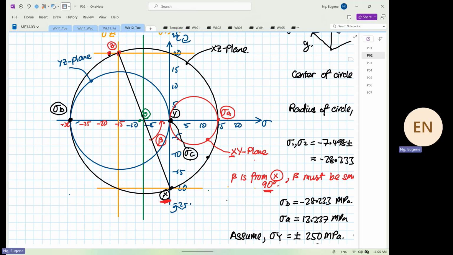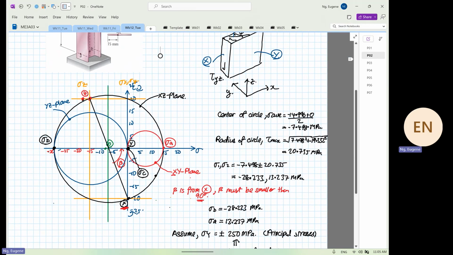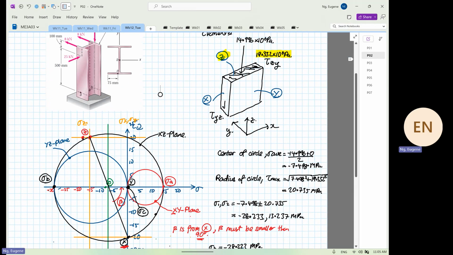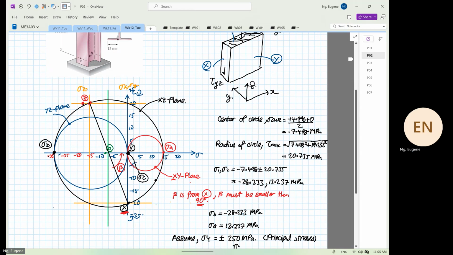Okay? So for this case, it happened to be, so if you look at this, our XZ plane, this is our what? This is our in plane. The rest are our what?